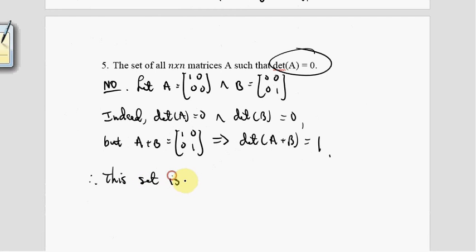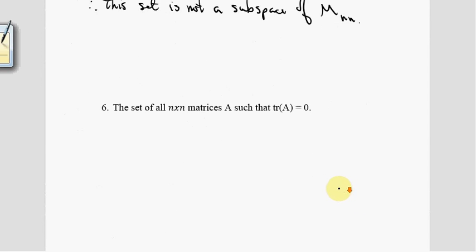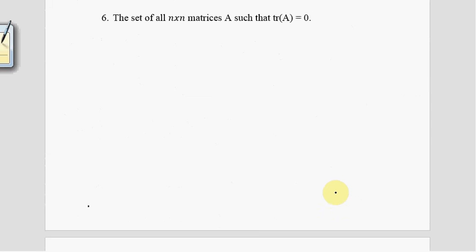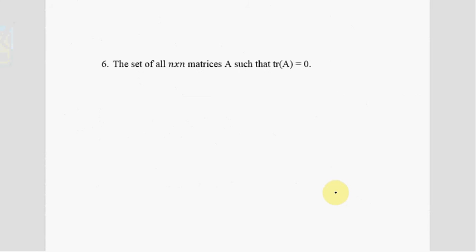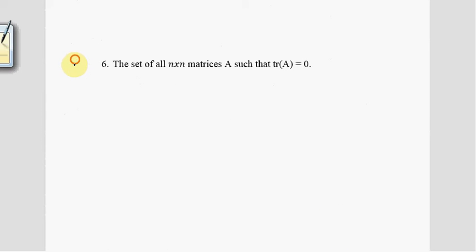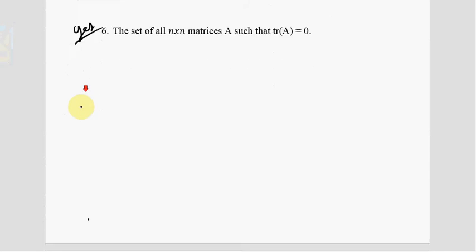This set is not a subspace of M_nn. Let me just tell you that this one, yes, is a subspace. Very easy to show that.